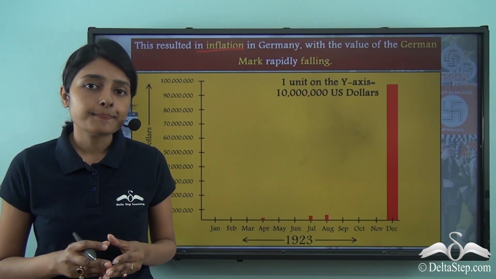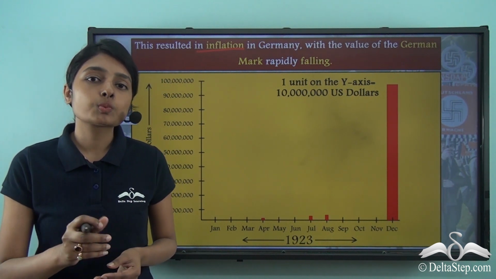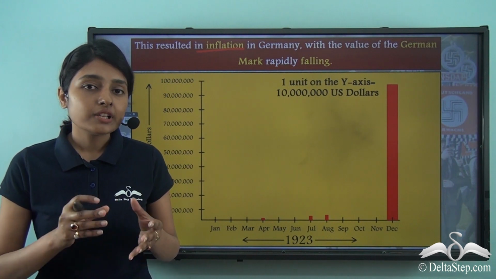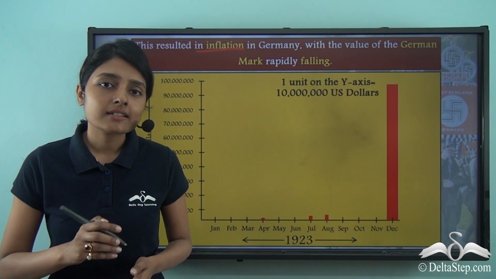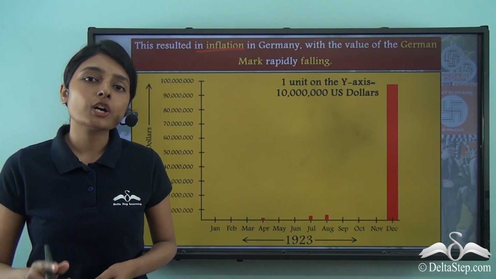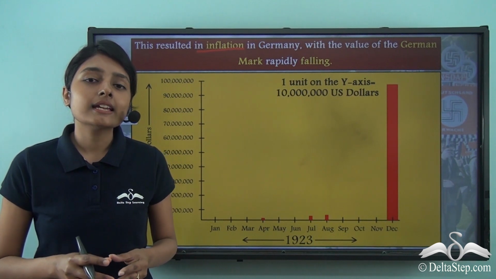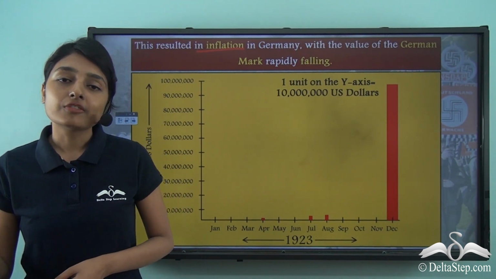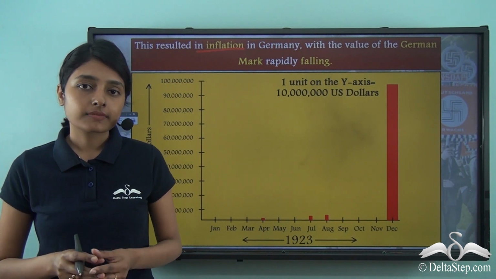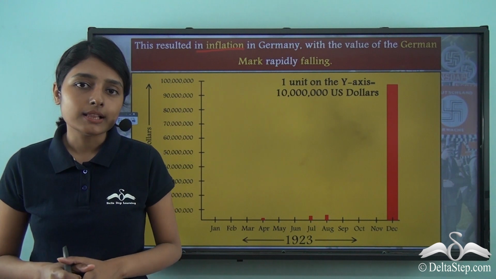That is to say, the amount of things that could earlier be bought with the same currency will now be much lesser. This means that a lesser number of things could now be bought with that same amount. So this also results in the devaluation of the currency of that region or that country. And likewise happened to the German mark as well.